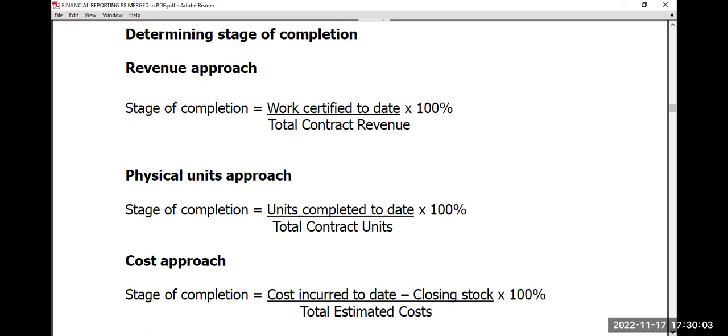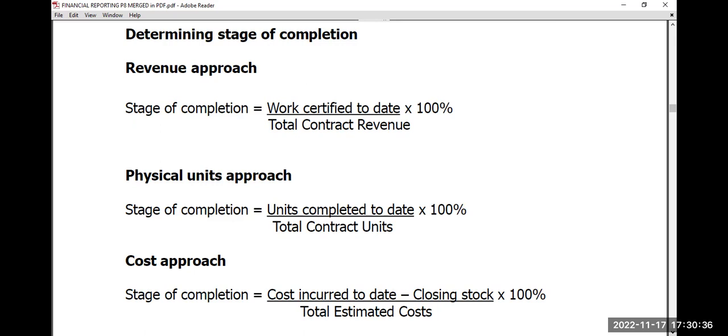Then the other one is the physical units approach. Here we are looking at items that are not measured according to the work done, they are measured in units. If maybe you are required to produce 10,000 units and you have so far produced maybe 5,000, then what is the percentage of what you completed vis-a-vis what you are supposed to complete?